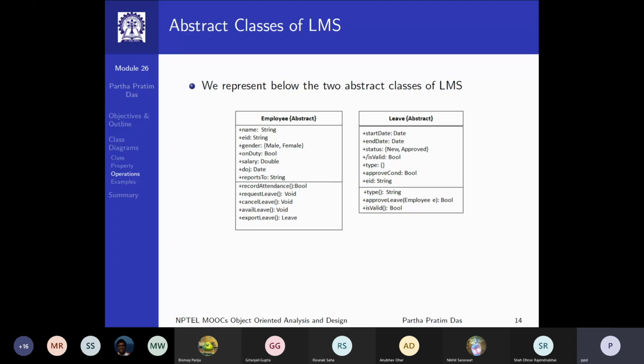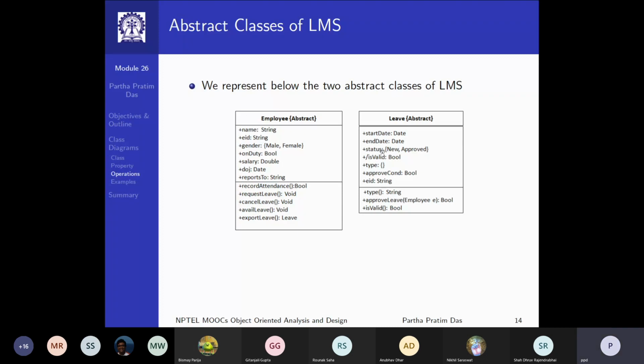So from the LMS, these are some of the abstract classes. We can say the employee: the name, employee ID. Actually, by the side of employee ID, we should write unique. The gender, the Boolean on duty, salary, date of joining, reporting, and the following few public methods.